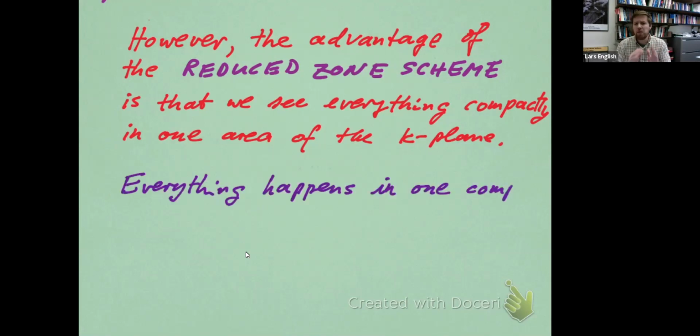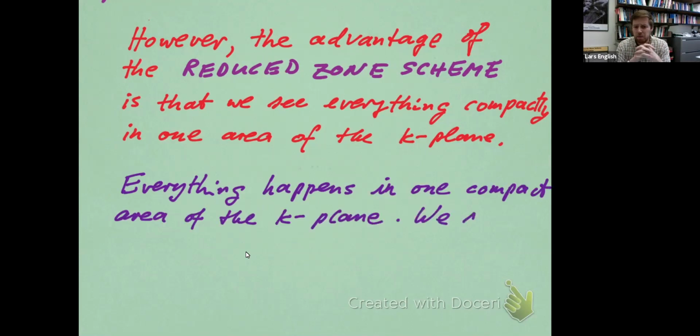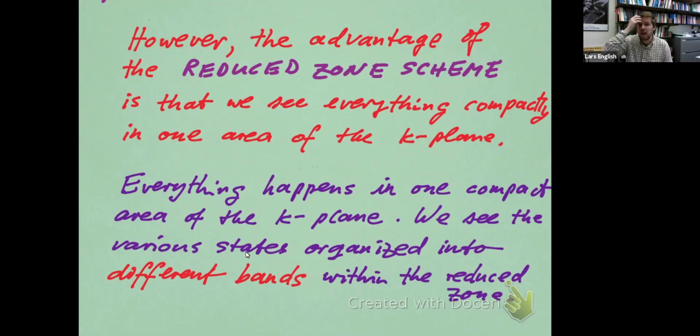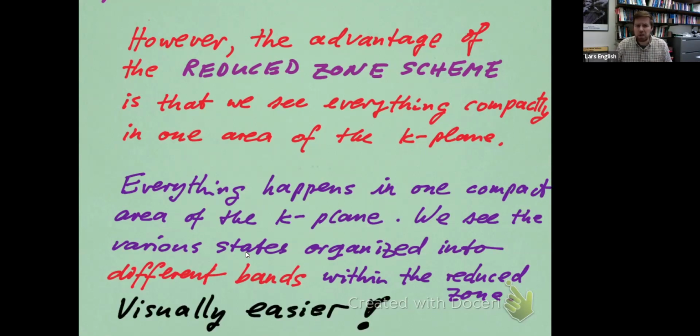So everything happens in one compact area, and we see the various states organized into the different bands now within the reduced zone. Okay, so we do get different bands stacking on top of one another in the reduced zone. So that is the visual advantage of this reduced zone scheme. It is just easier to comprehend what's going on, but both are equally valid.